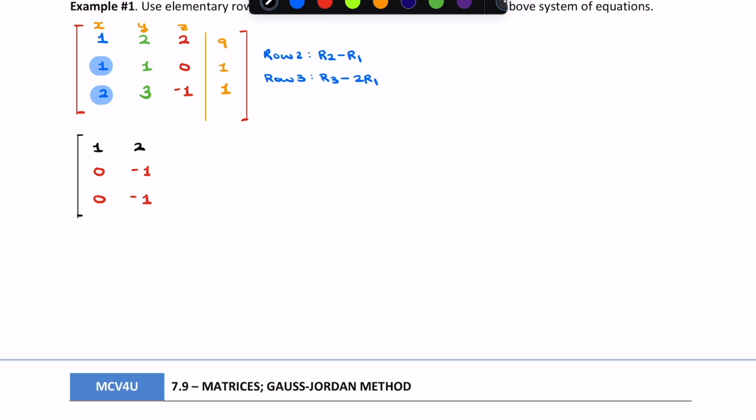And we have 2, -2, and -5. And then for our coefficients, we'll be left with 9, -8, and -17. And that's all from, again, taking our row 2 and subtracting it by our row 1. And in row 3, we took our row 3 subtracted by 2 of row 1.